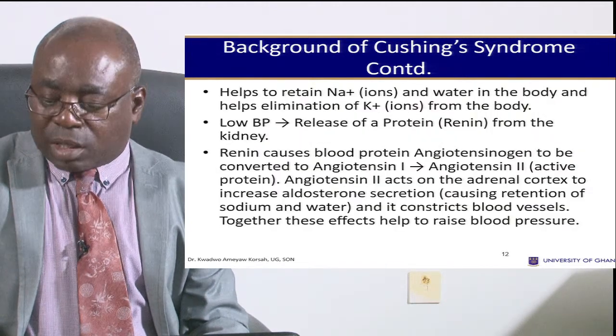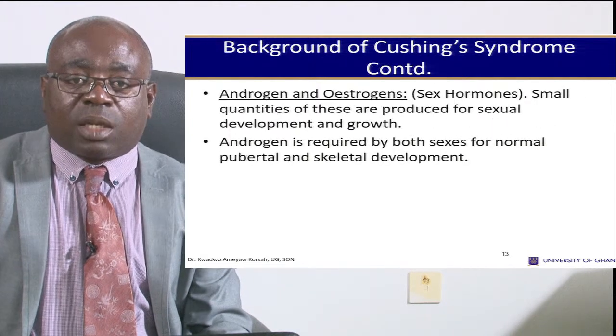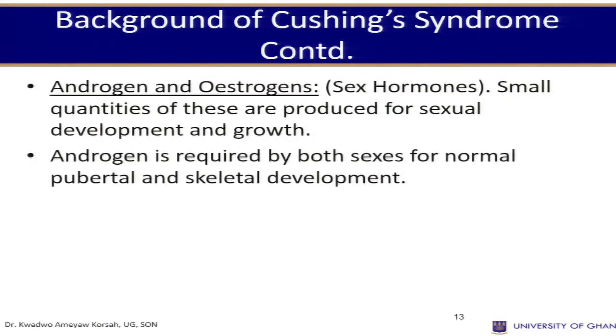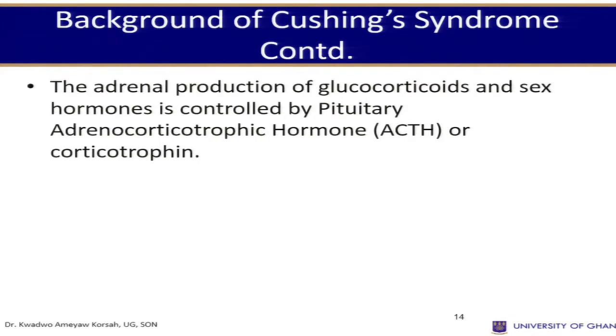Later you can take your time and go through this. Androgens too, we have small quantities of these, which are produced for sexual development and growth, and are required by both sexes for normal pubertal and skeletal development.